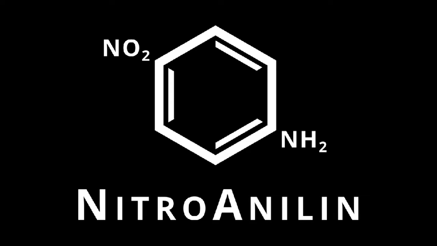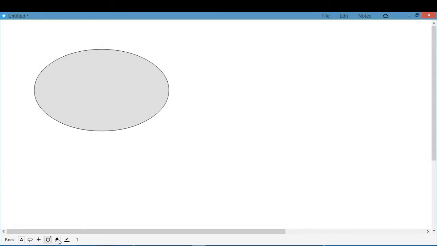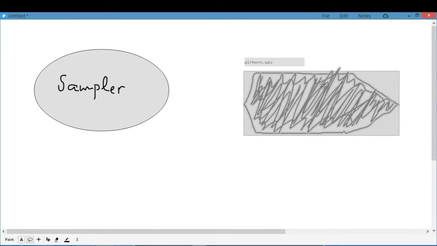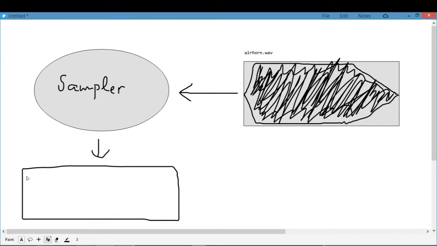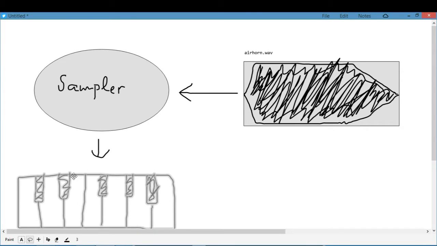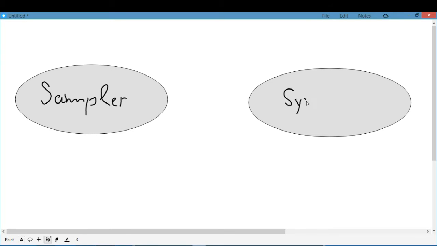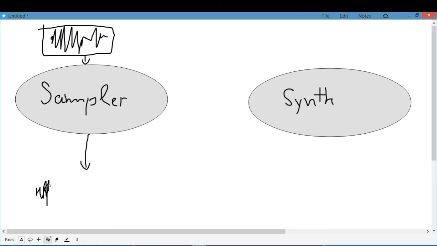There are some other forms of generating sound that are not based on wave shapes. For example, we have samplers, which play a sample back in a way that they work as instruments. Samplers are not usually considered synthesizers, since it's not really synthesizing, but replicating a sound.